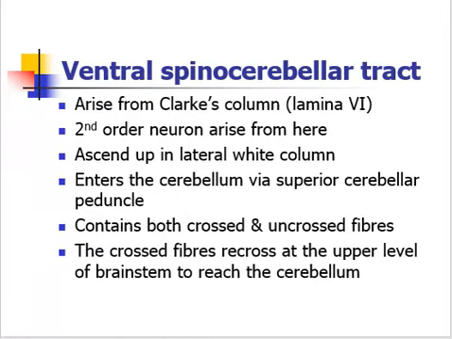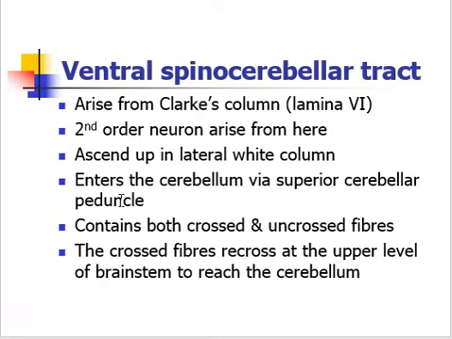The ventral spinocerebellar tract is also known as the Gower tract, the indirect spinocerebellar tract, or the anterior spinocerebellar tract. It is formed by the fibers of the second order neuron pathway of subconscious kinesthetic sensations. Its origin is in the lateral white column, from the marginal nucleus and the lower lumbar segments of the spinal cord.